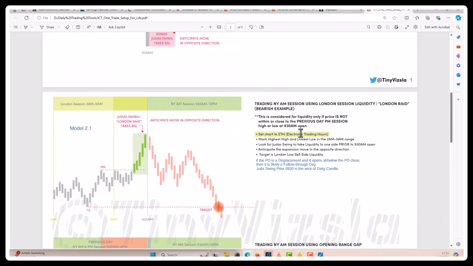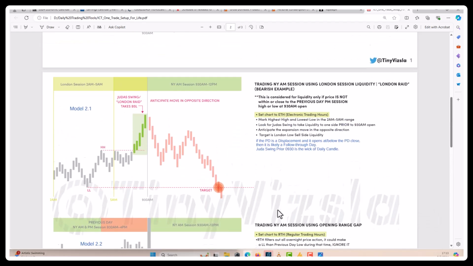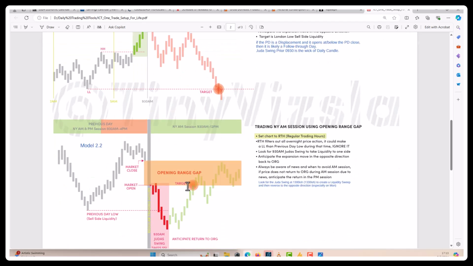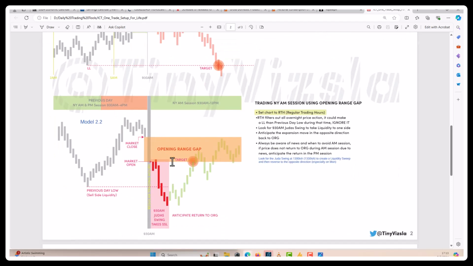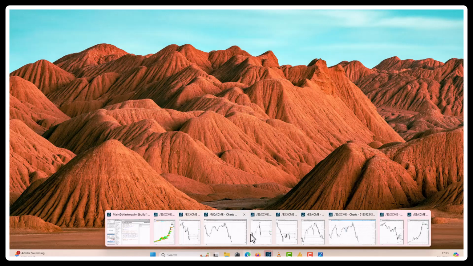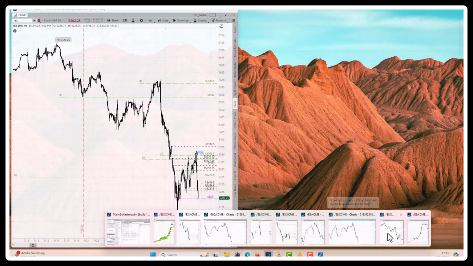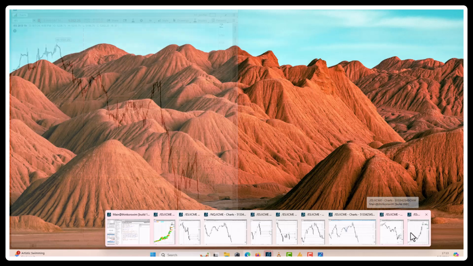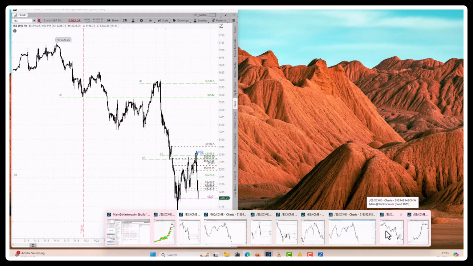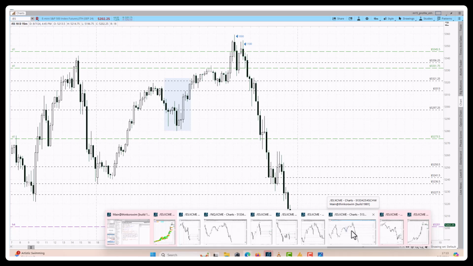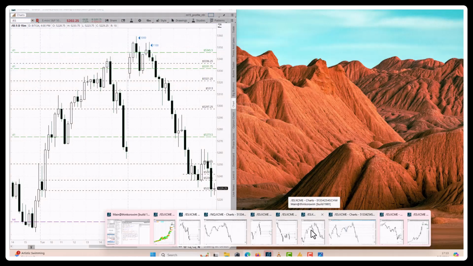For this we use the electronic session, but for this model we use the regular trading hours. Let's pull out a chart with regular trading hours. Okay, right here.